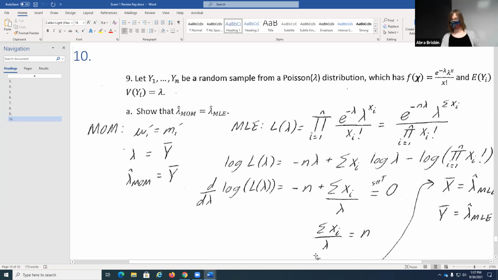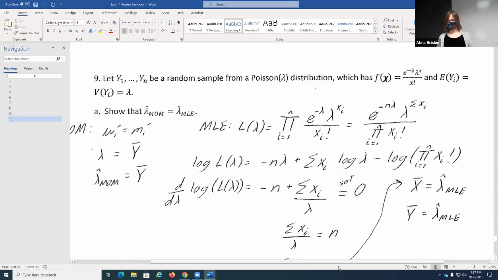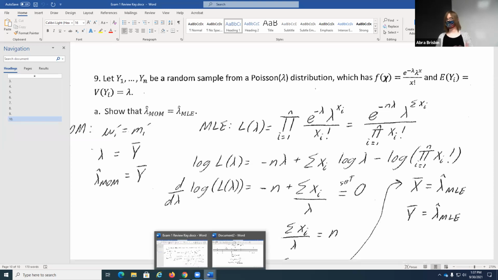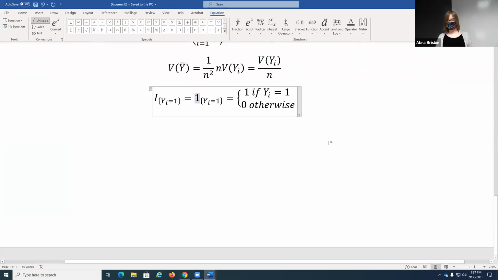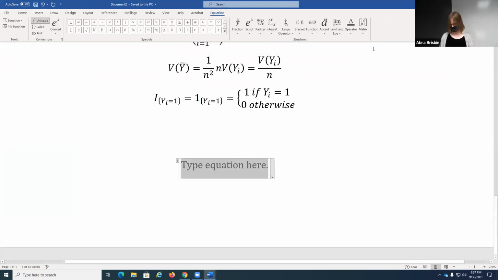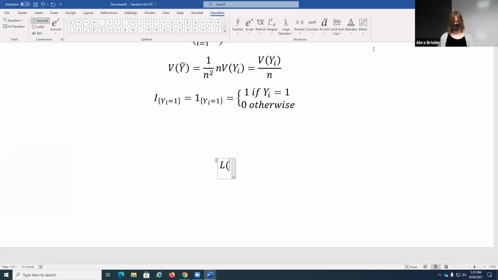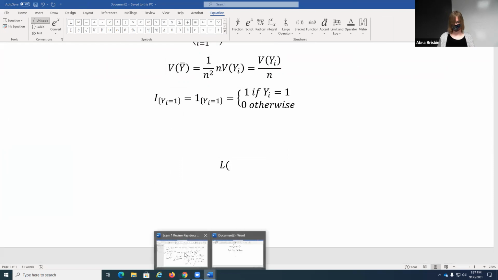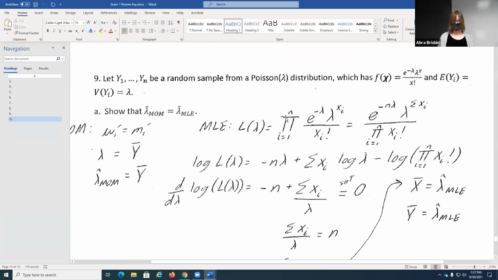Okay, so this was a Poisson distribution, and it's giving us the density function and expected value and variance. All right, so the first step in the maximum likelihood estimator is to write out the likelihood. What's that parameter in this problem? Lambda.